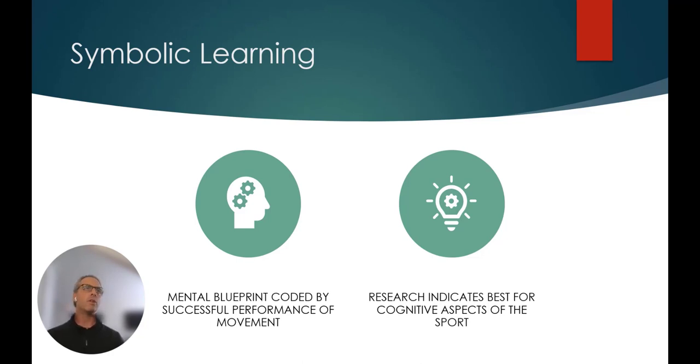When we think about learning, we think about learning in 3 stages. You start off in a cognitive stage where you have to think a lot, right? During this cognitive stage of learning, it comes in really handy to be able to imagine yourself seeing the correct movement patterns, because then, again, you will code the correct movement patterns for your body.